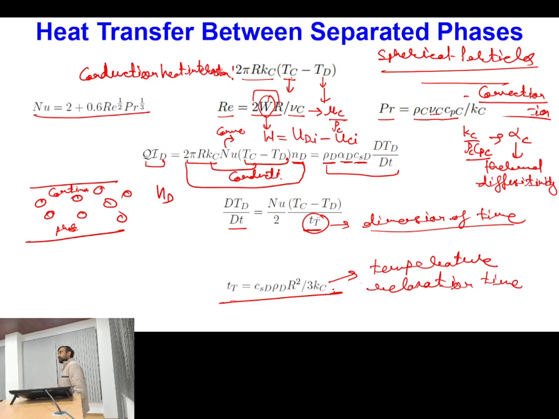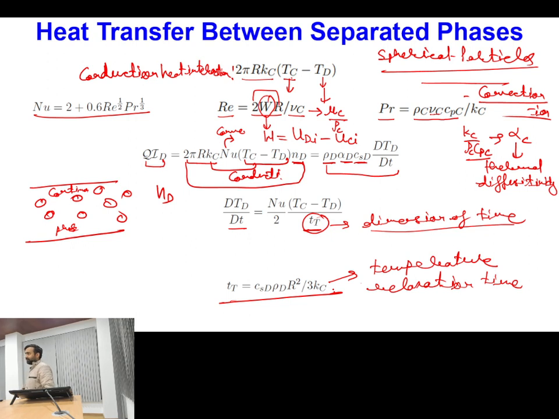Is this one clear? But one important point, this formulation of temperature relaxation time should be applicable only for spherical particles present in the gaseous medium. Okay? Because if I say that my solid particles are present in liquid medium, then liquid thermal conductivity and solid thermal conductivity will be comparable. So there will be significant temperature gradients within the solid particle.